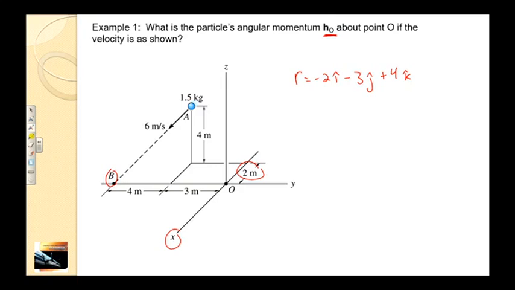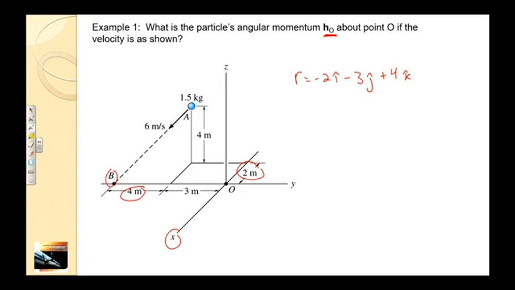In the y direction, I'm moving a minus 4. And in the z direction, I'm moving a minus 4. And then if I want unit vector, this has got to be normalized. So over the square root of 2 squared plus 4 squared plus 4 squared. So 2 squared plus 4 squared plus 4 squared square rooted is 6.